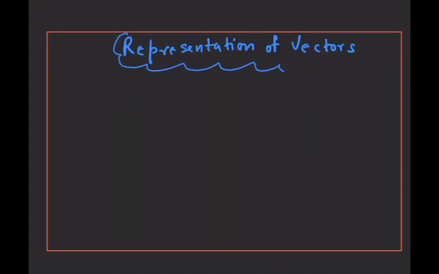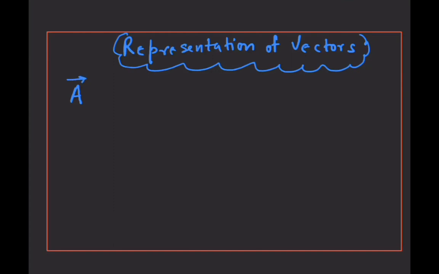Representation of vectors. We can write vectors by a letter, capital letter or small letter, and we put one arrow above it.